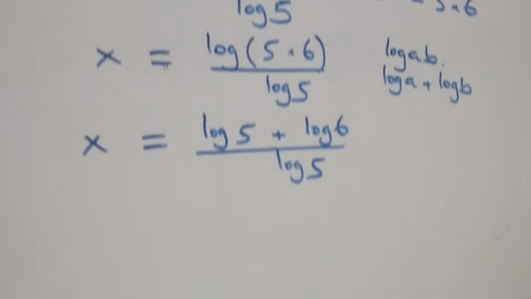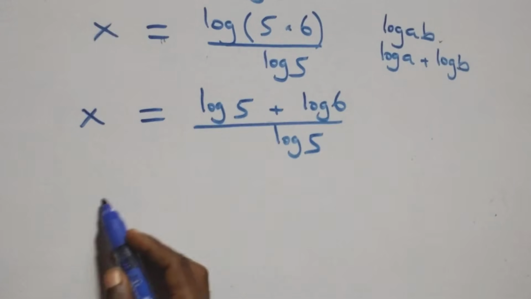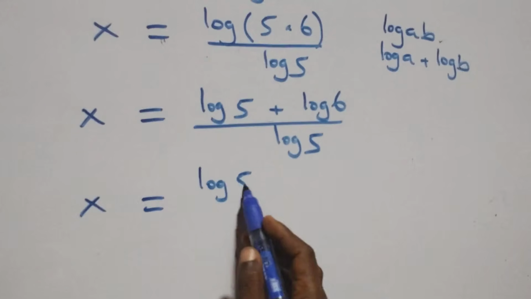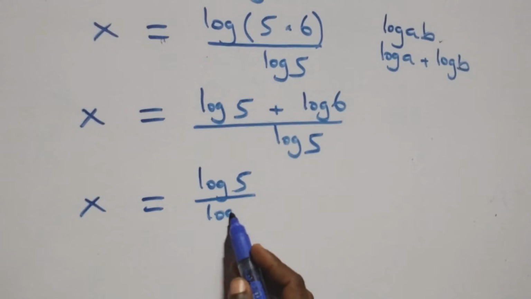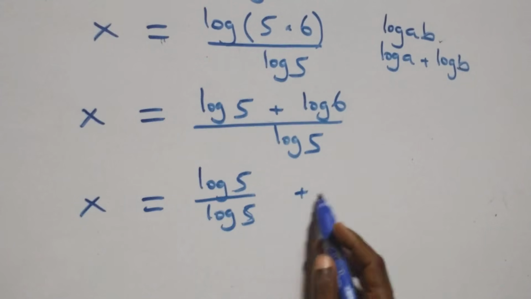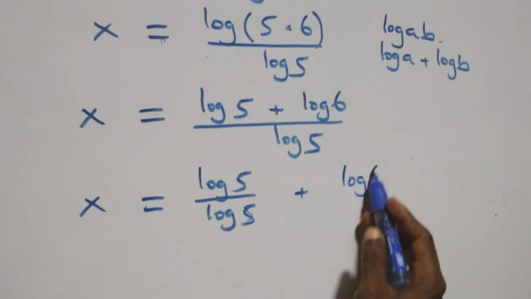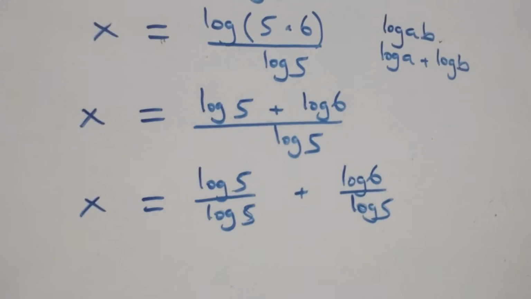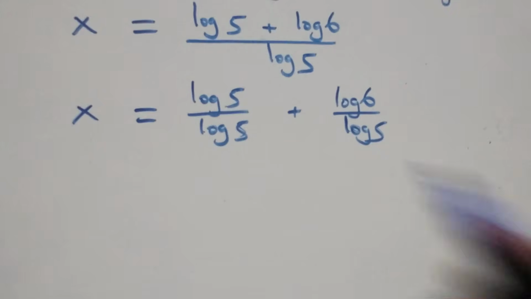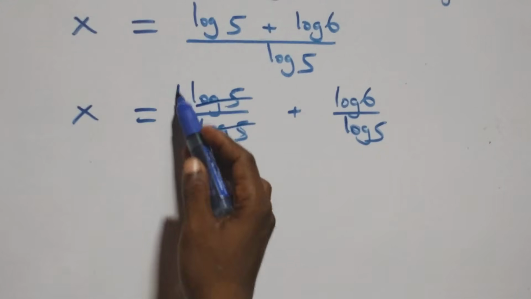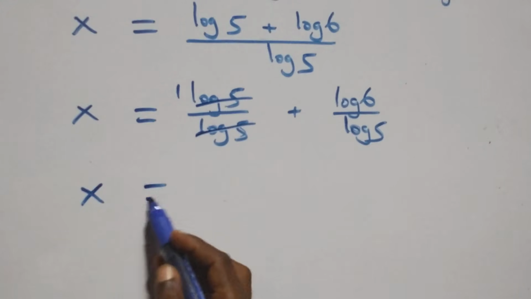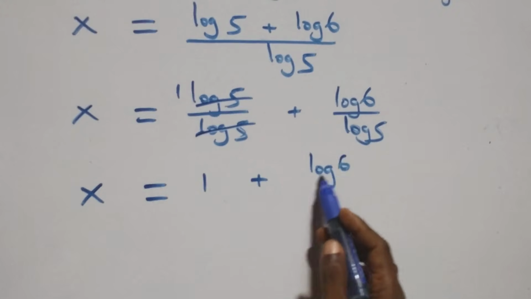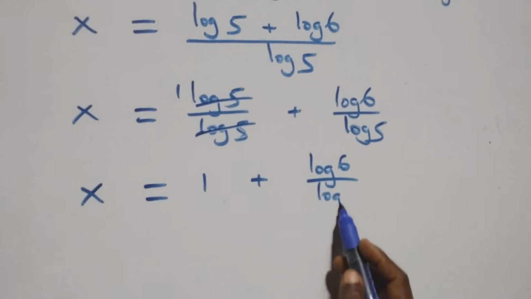Then next step, separate this into two fractions, and we have x equals log 5 over log 5 plus log 6 over log 5. Here log 5 cancel each other, 1 left. So x equals 1 plus log 6 over log 5.